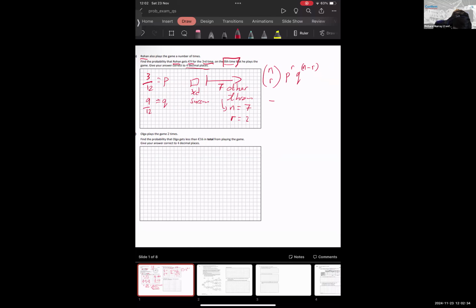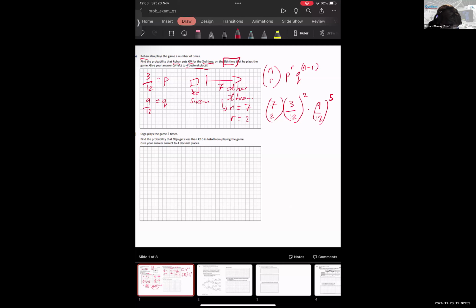So we have 7 choose 2. Probability of success is 3 over 12 to the power of our number of successes, which is 2, times the probability of failure, which is 9 over 12, to our number of expected failures, which is 7 minus 2, which is 5. And we calculate that out.